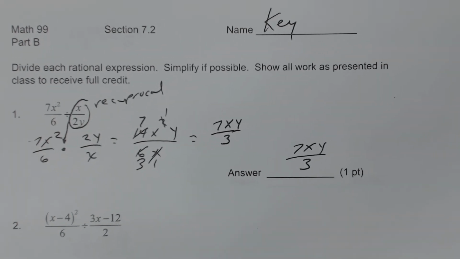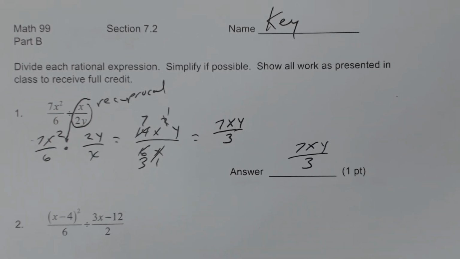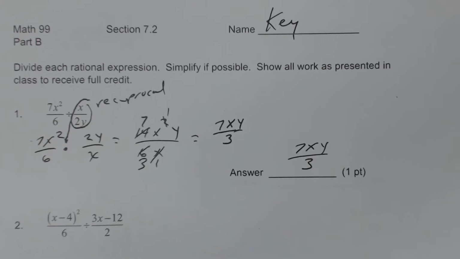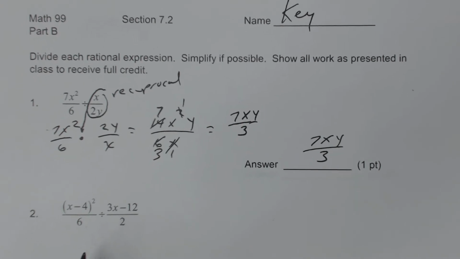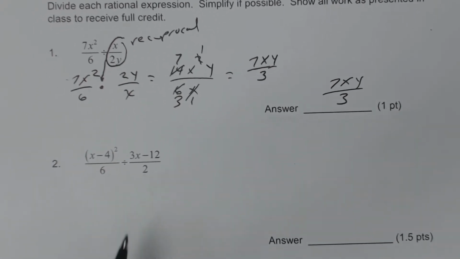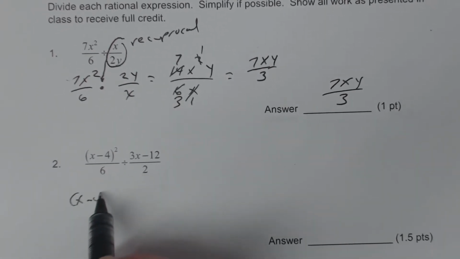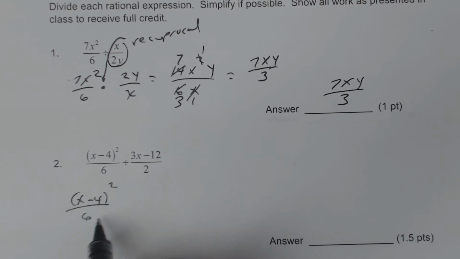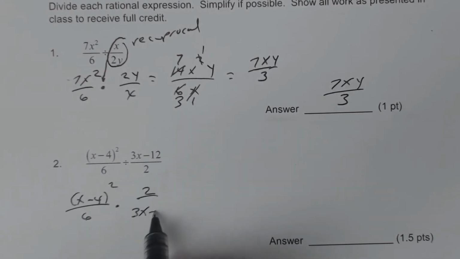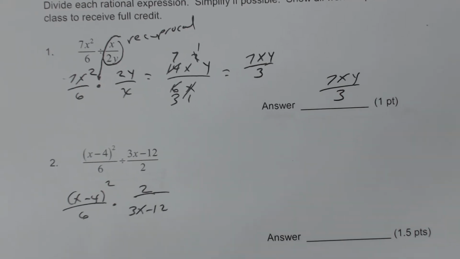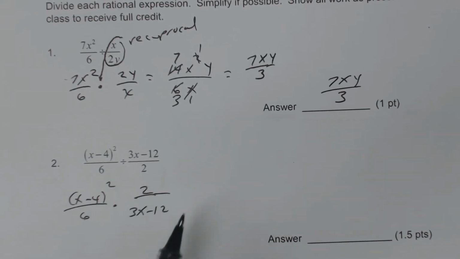All right, number 2. Again, it's a division problem, so you want to change this to multiplication. So we have x minus 4 squared divided by 6 times, and then the reciprocal, so we get 2 over 3x minus 12. Okay, now the next step, remember, is to factor numerators and denominators.